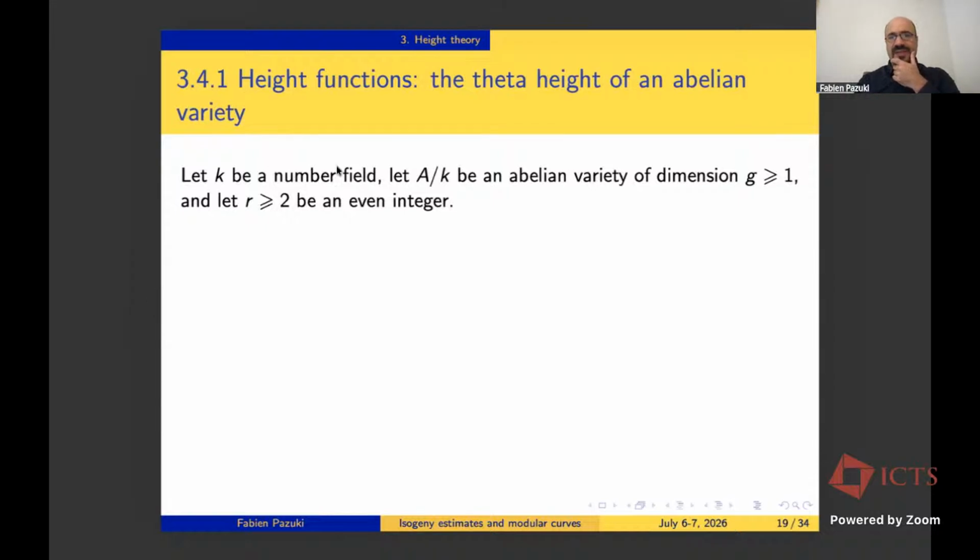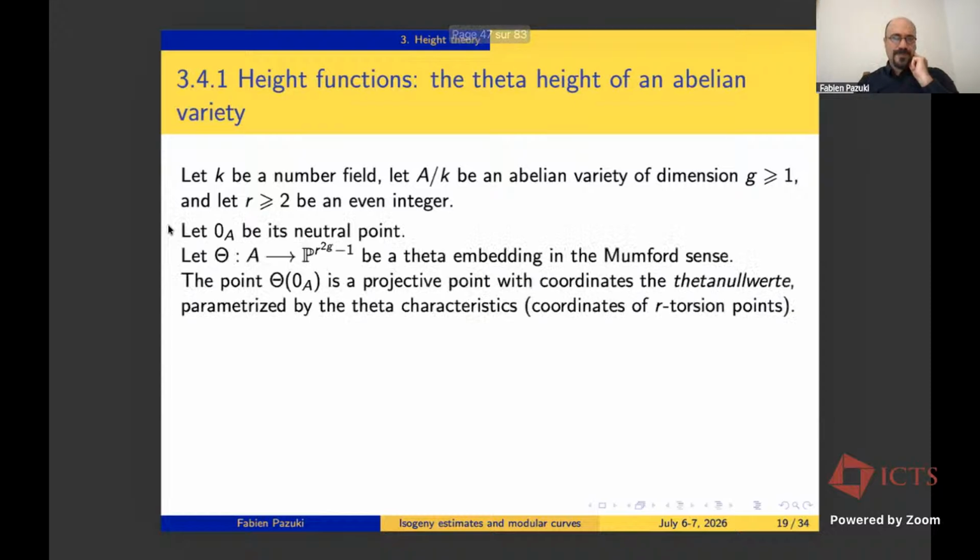So, okay, let me fix a little bit of notation. K is a number field. I take an abelian variety of dimension g over K. I'm going to fix a little r. Sometimes it's referred to as a level or theta structure level. So this abelian variety has a neutral element. It has a projective algebraic group structure.